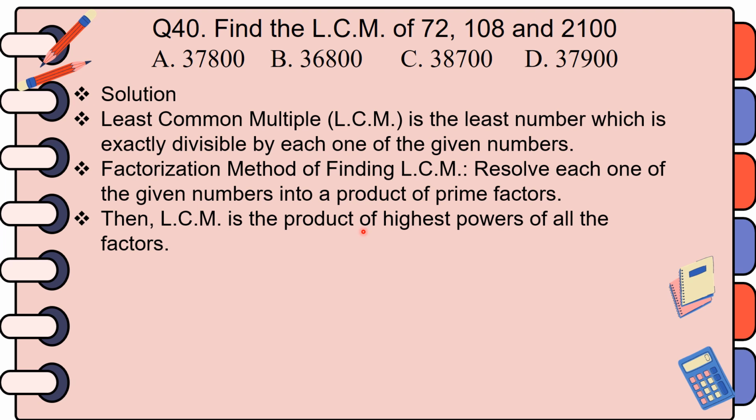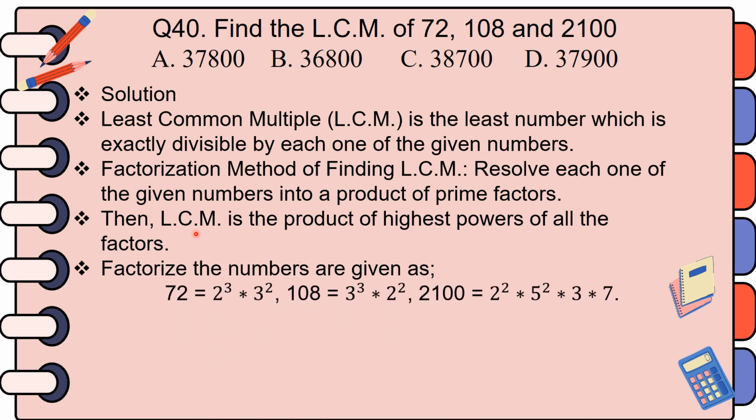Then multiply all the prime factors with the highest power. When you find the product of all the prime factors with the highest power, you get what is called the LCM. This is the theoretical aspect. Then let me show you how to get the LCM of these numbers.